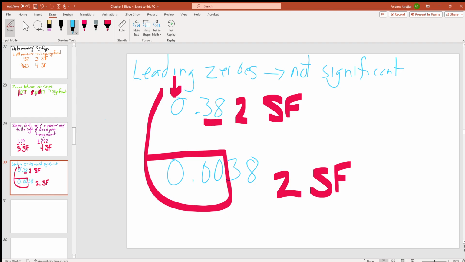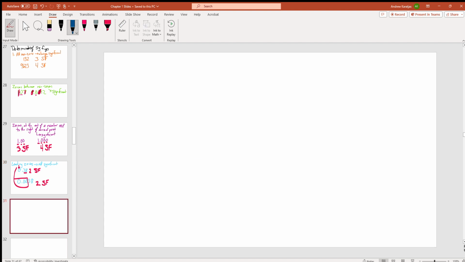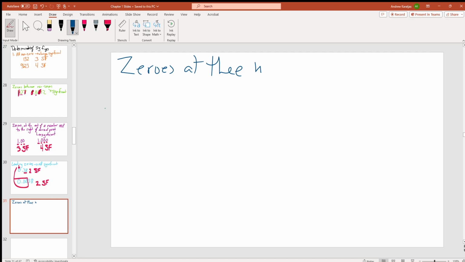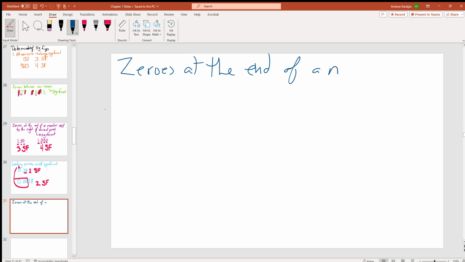The final case is in many ways the toughest case, because the final case is actually ambiguous. These are zeros at the end of the number but left of the decimal point.